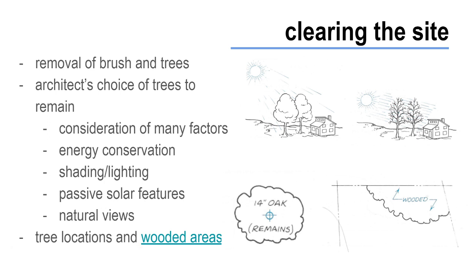On the south side, when the sun is lower in the sky, it will come in and help heat the building. In the summer, when the leaves are there and the sun is higher up, they help shade the house. This is known as a passive solar feature.